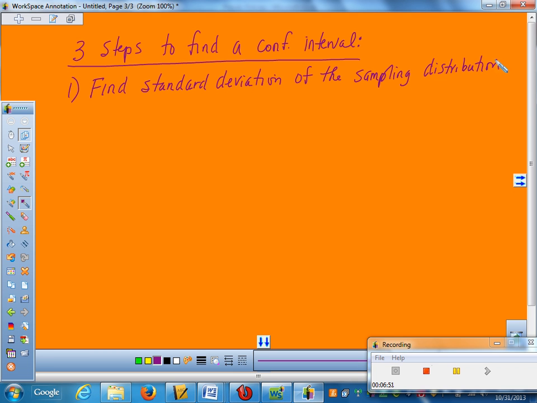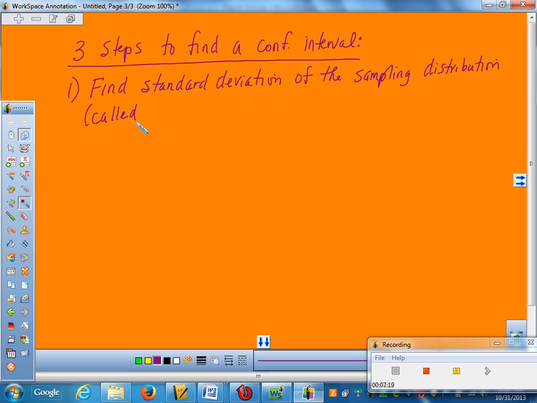You're finding the standard deviation of the sampling distribution. Okay, in our case, we only know normal distributions. I haven't had months to teach you all the different stats, and that there are binomial distributions. There's a number of different distributions. So right now we only know normal. What they call this, to shortcut it, they don't want to say standard deviation of the sampling distribution.